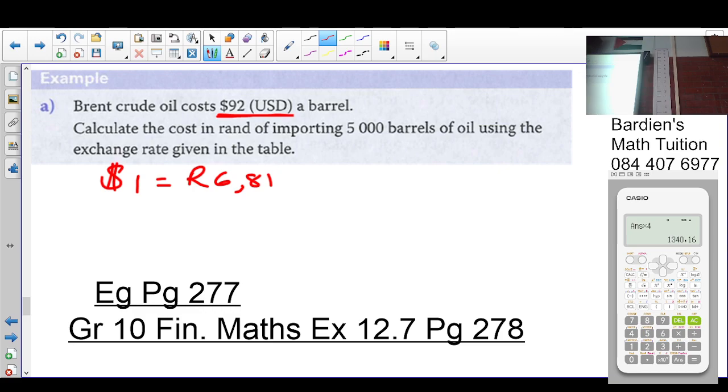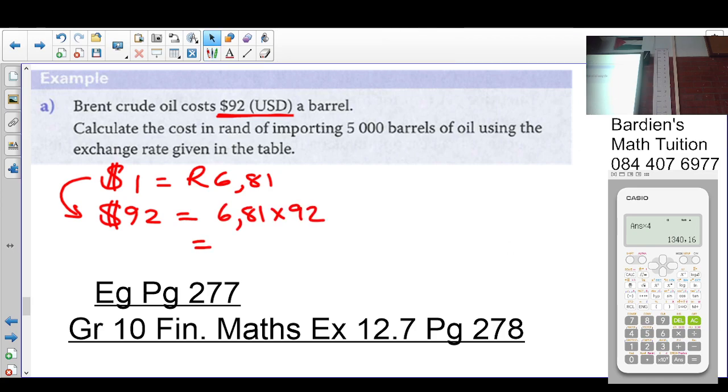So it's $92. I put it under the dollar sign. How do I get from 1 to 92? Times by 92. 6 rand and 81 cents times 92 gives us 626 rand and 52 cents.